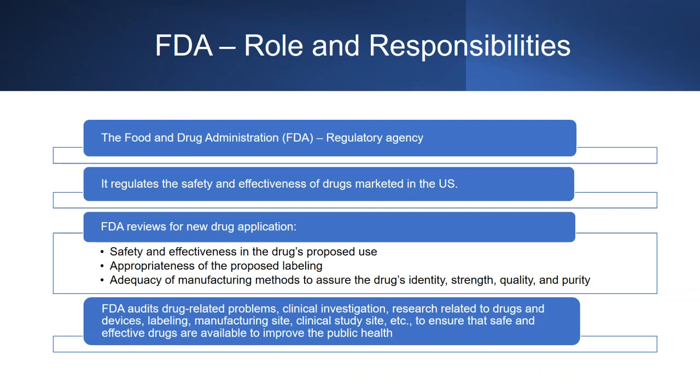FDA also audits every part of the study, such as drug-related problems, clinical investigation, proposals, research related to drugs and devices, labeling, manufacturing sites, and clinical study sites, to ensure that safe and effective drugs are available to improve public health.